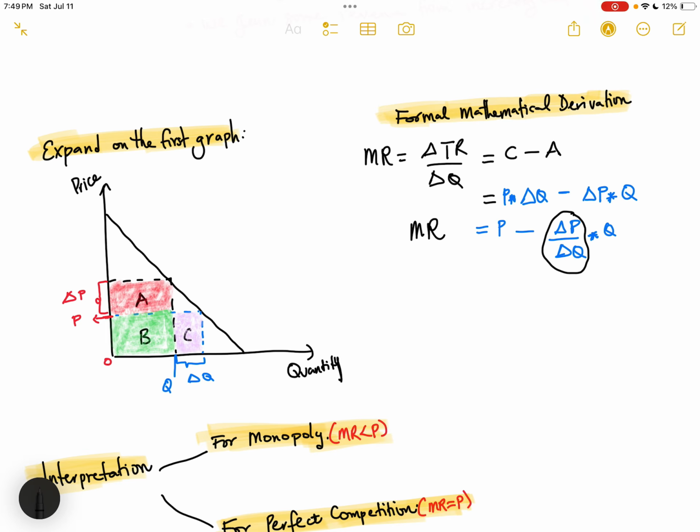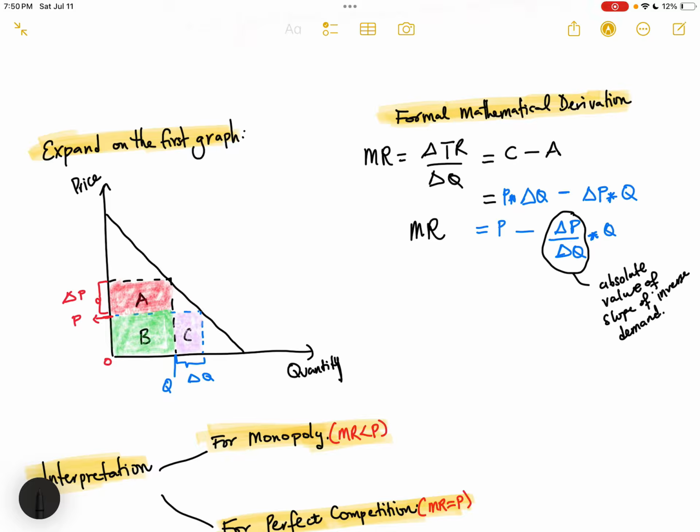Slope of the demand curve is change in the thing on the y-axis divided by change in the thing on the x-axis. But right here, I am assuming that it is the absolute value of the slope of the inverse demand curve. Okay, so if you use that, you will notice that it's the same as what you might have seen before. Absolute value of slope of inverse demand curve.